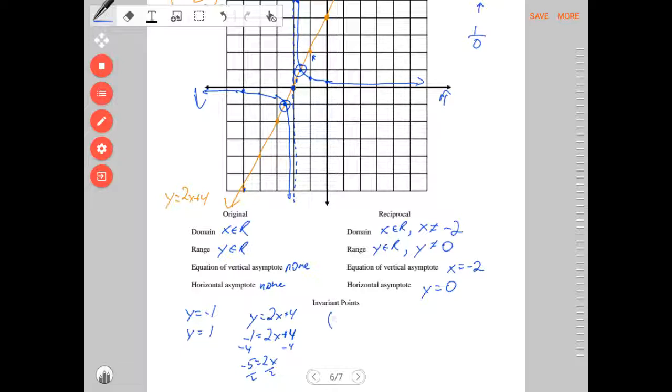So that's what the x is. So negative 5 halves and negative 1. Did I do that right? I think so. That's negative 5 divided by 2. So remember, that's negative 2.5 and negative 1. There we go.